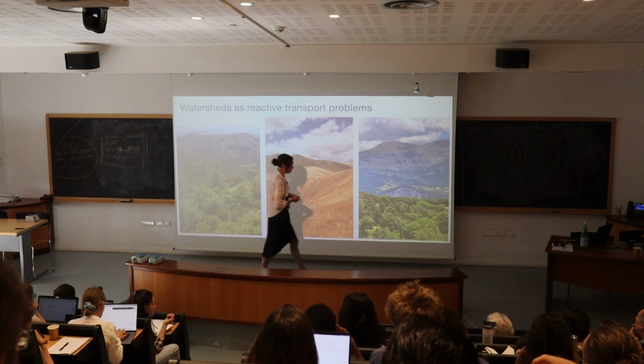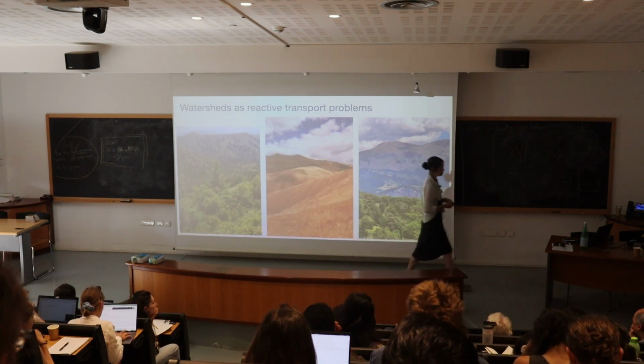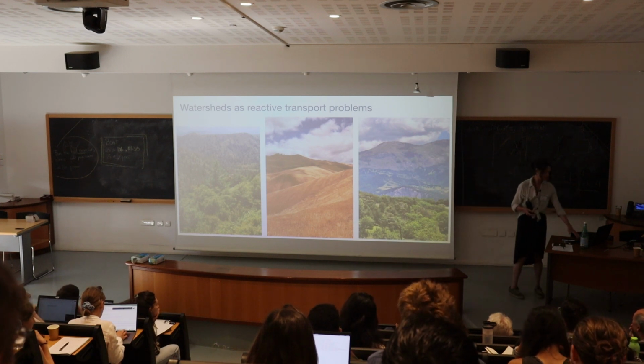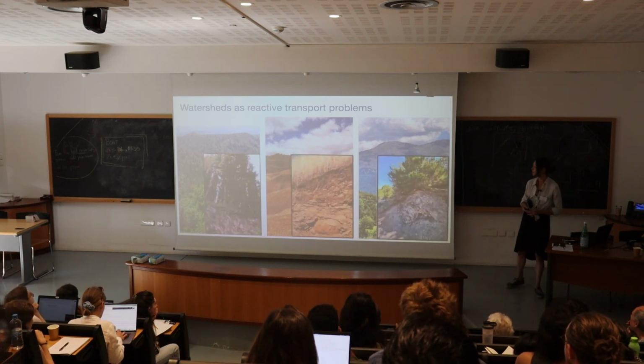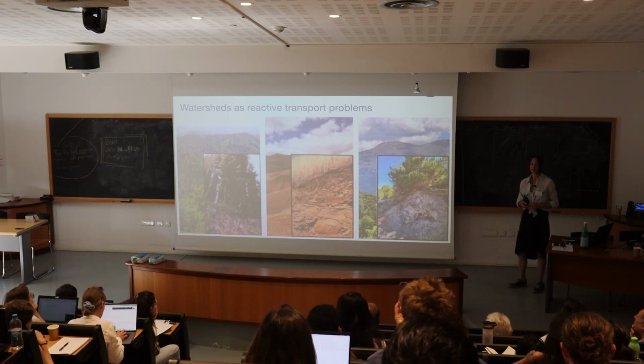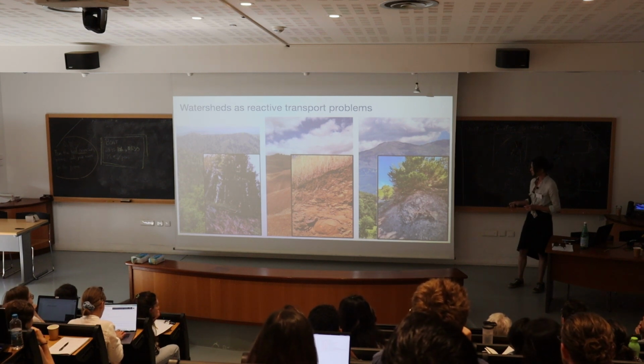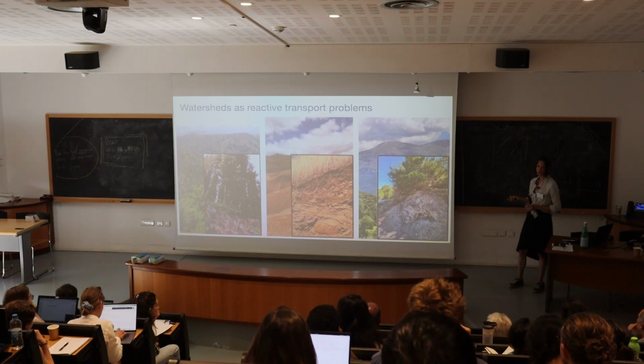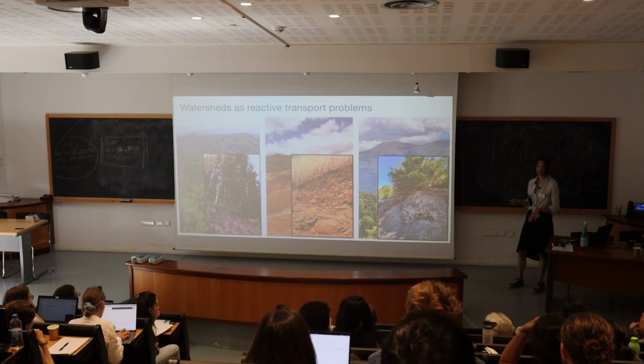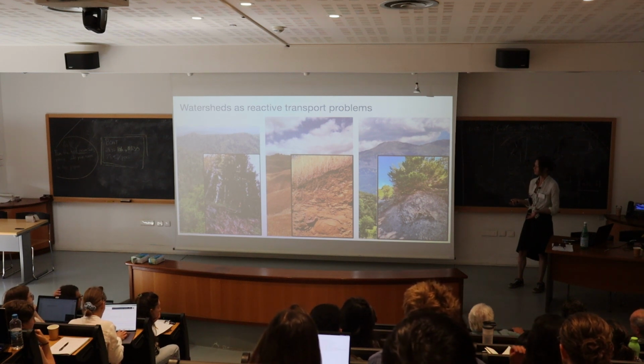When you peel away the surface in these upland watersheds, what I want you to see is a reactive transport problem, again and again and again. You're seeing something that looks more like rock, and it's turning into something that looks more like soil. It's happening because fluid is infiltrating and draining, and along the way it's making these conversions.